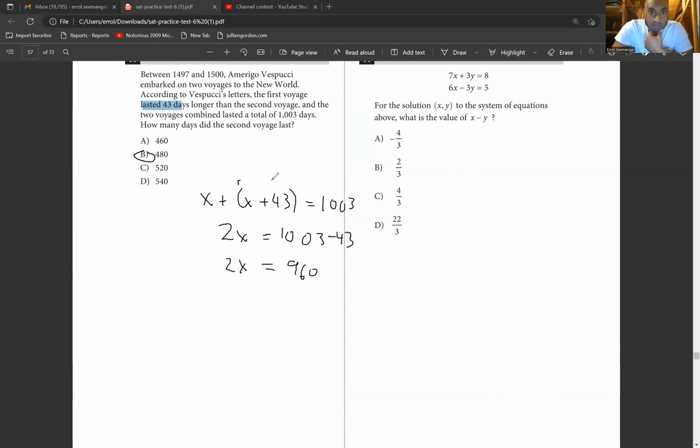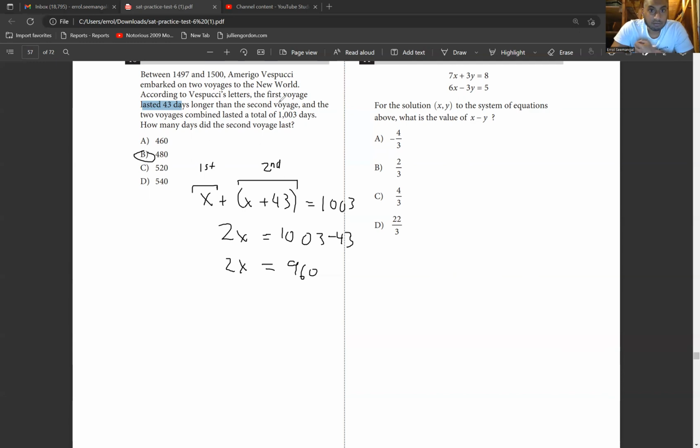This is the second one though, right? This is the second one here, right? That's the second. This is the first, right? Yes. So we have to add the 43 to this. First, oh, wait a second. The first voyage lasted. Oh, no, I got it backwards.